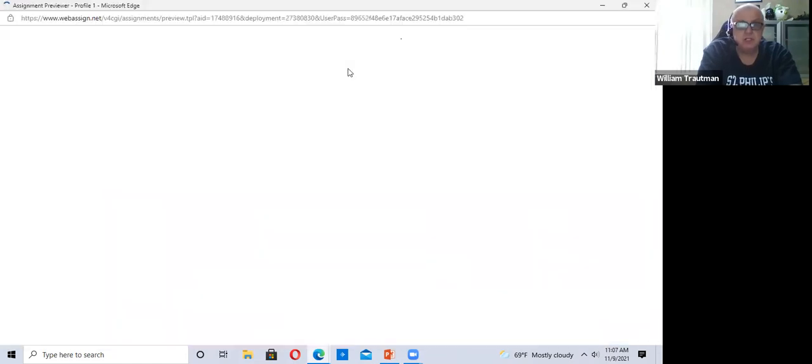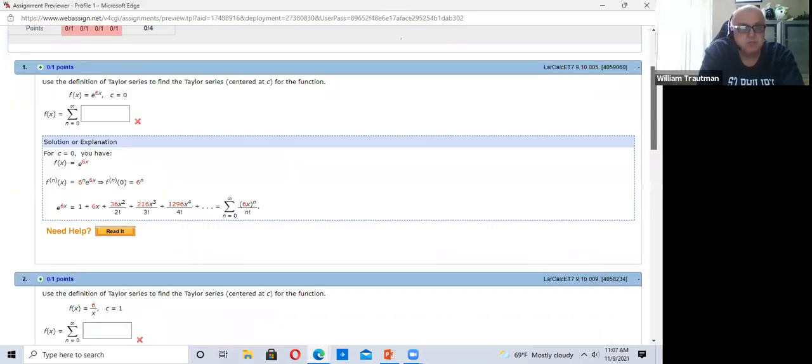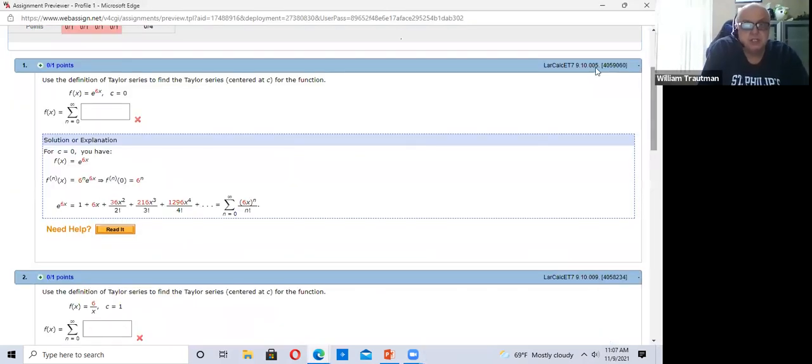And I think there's only 4 problems here. I'll do 3 of them or so, or just look at it. So if we look at this function, it says use the definition of a Taylor series. And it's c equals 0.